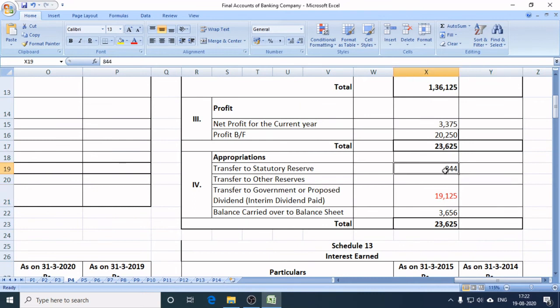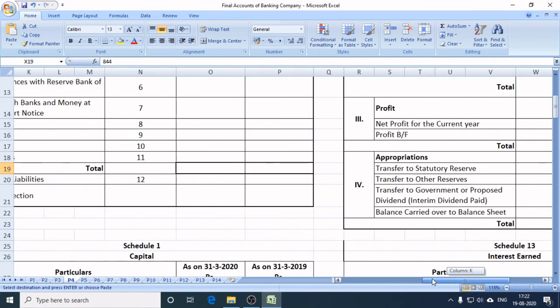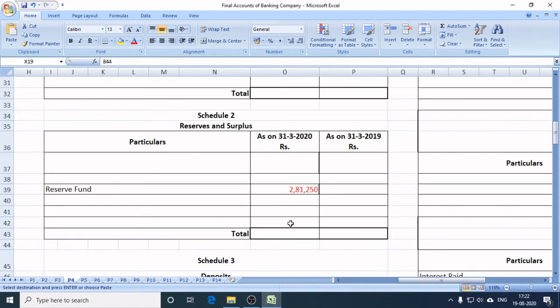This statutory reserve we have to carry forward under schedule number 2, that is reserve and surplus, and it also goes under schedule number 2. Let's first transfer statutory reserve, that is 844. Here schedule number 2, 844.